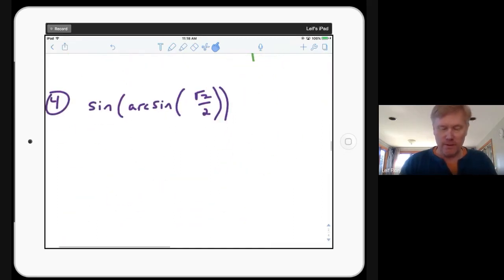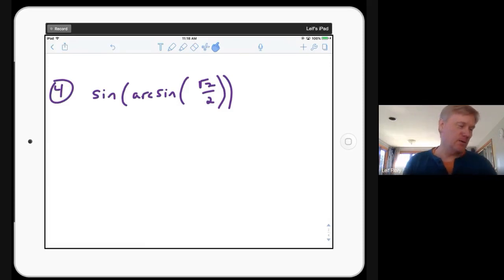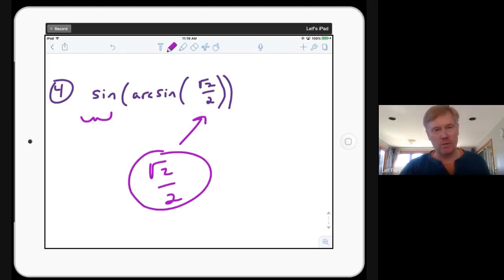Number 4. All right, so there's 2 of these, and I always have to remind myself which one's which. When you have the regular sine in the front, this is the easy kind, because the answer is going to be whatever that is, which in this case is the square root of 2 over 2. If that was 0.6, your answer would be 0.6.